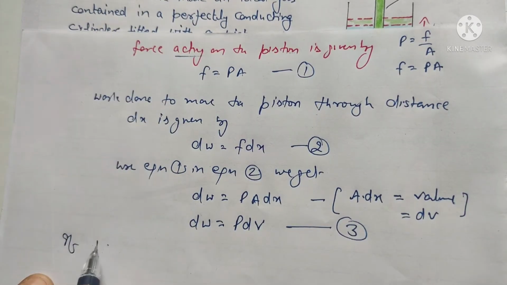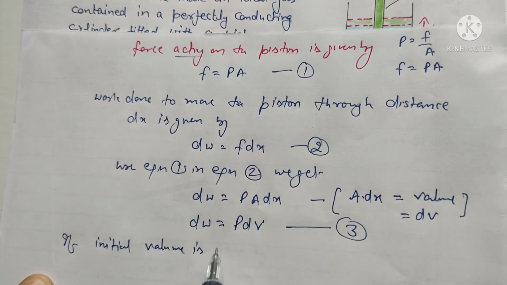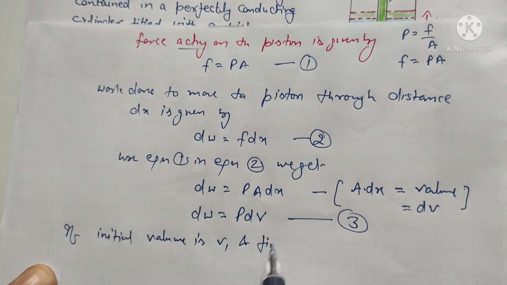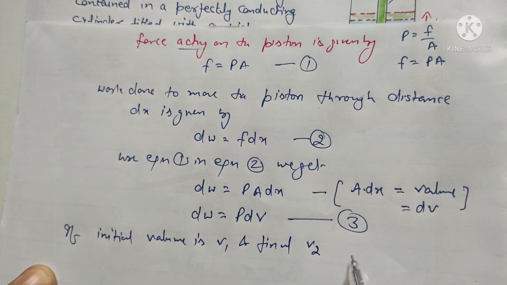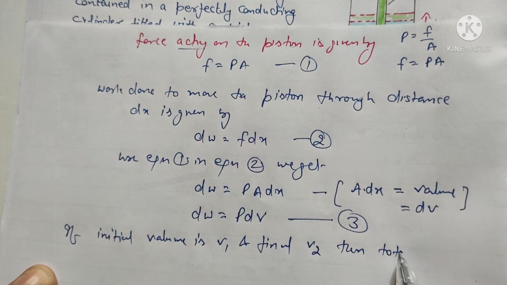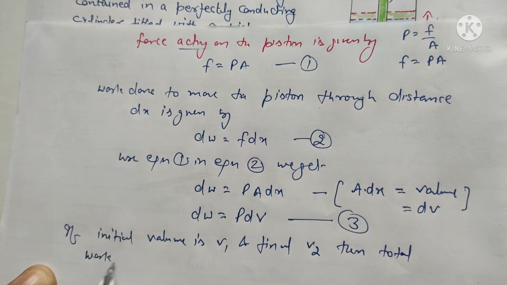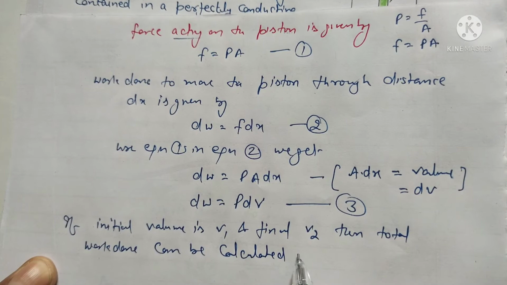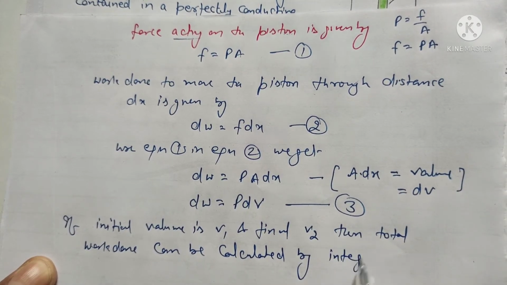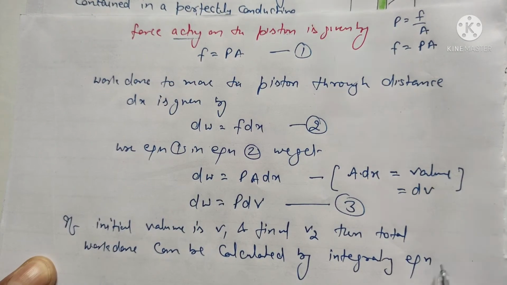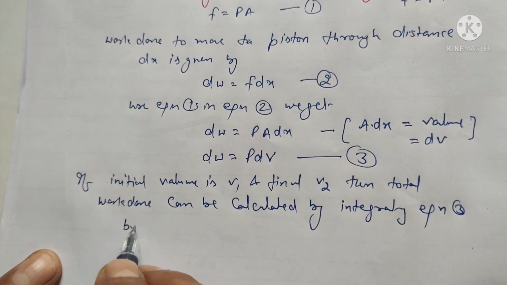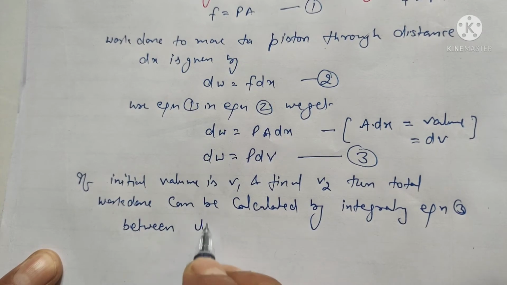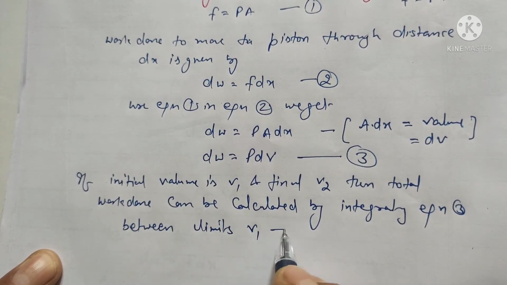If the initial volume is V1 and final volume V2, then the total work done can be calculated by integrating equation 3 between limits V1 to V2.